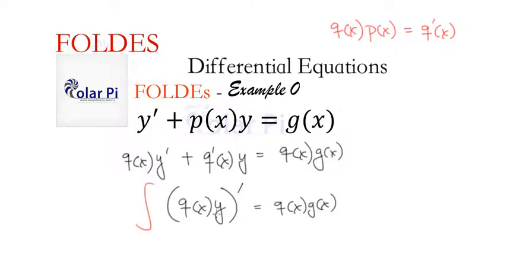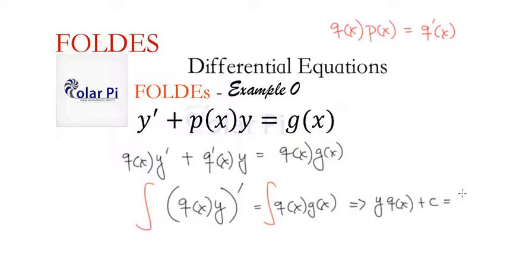And then it should be clear what we're going to do next. We're going to integrate on both sides, all right? And when we integrate on both sides, well, maybe we don't know what the integral on the right side is, but the integral on the left side, we know for sure. It's going to be the following, right? The integral on the left is going to be y times q of x plus some constant.